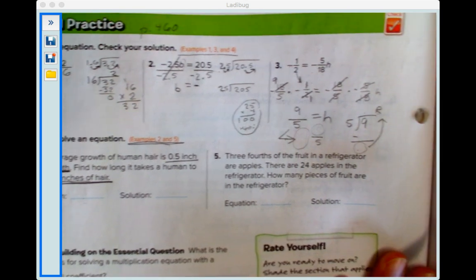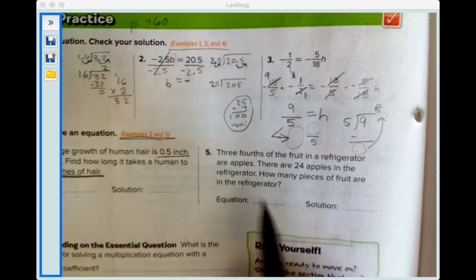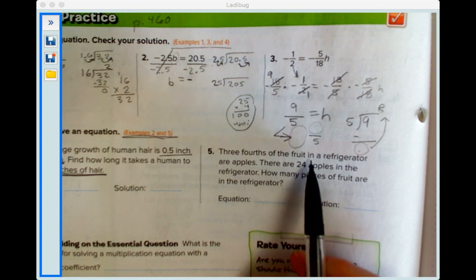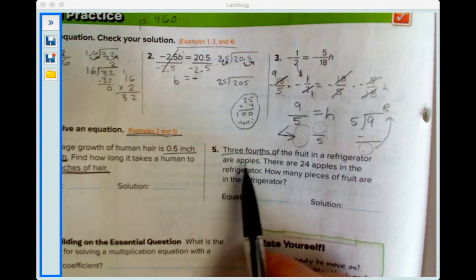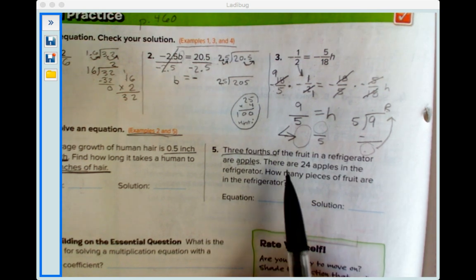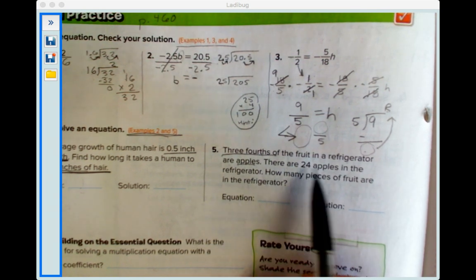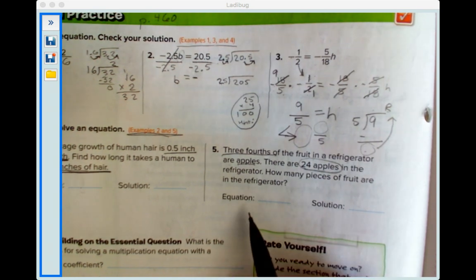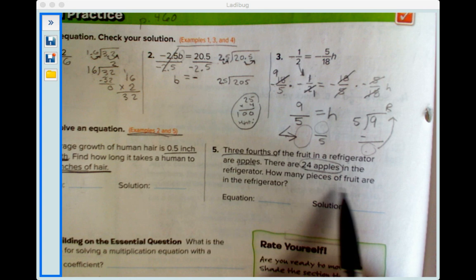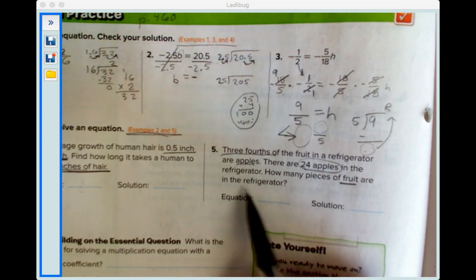Number 5 setup. 3/4 of the fruit in a refrigerator are apples. So 3/4 are apples. There are 24 apples total in the refrigerator. How many pieces of fruit are in the refrigerator?